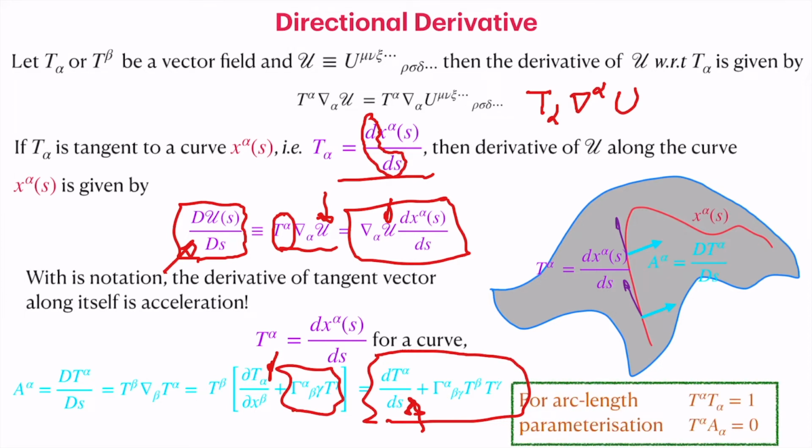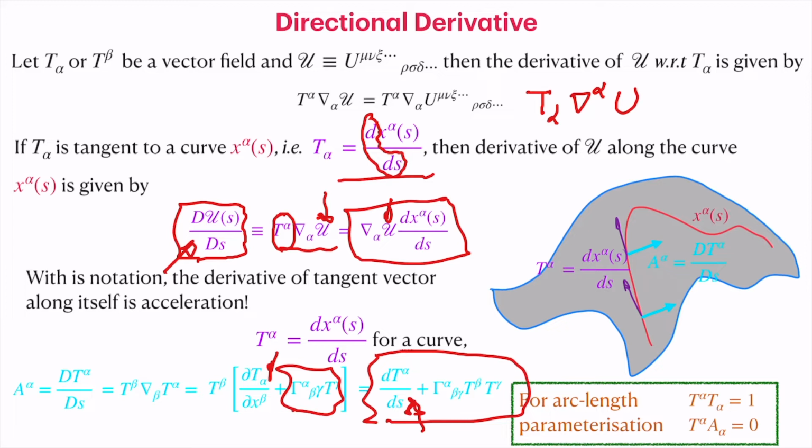Some nice simplification happens when we use the arc length parameter. We have already seen that if you use the arc length parameter, then the tangent vector becomes a unit vector, or the norm of the tangent vector is 1. It is a general result from differentiation that if you have a vector T^α which has a constant norm, then its derivative is always orthogonal to the vector T^α itself.